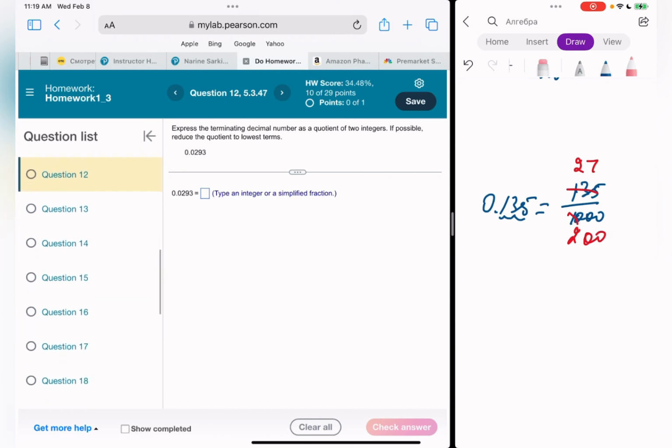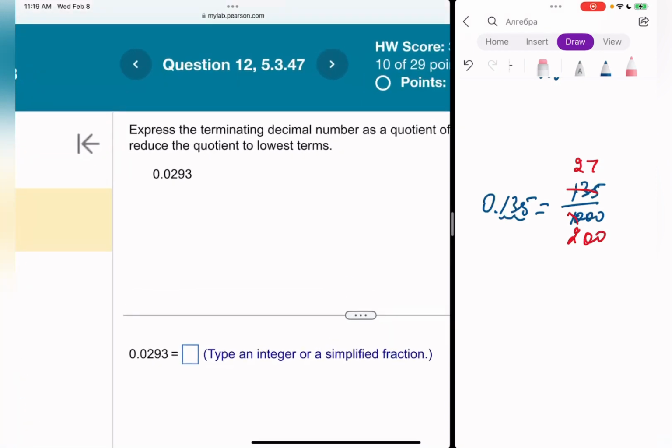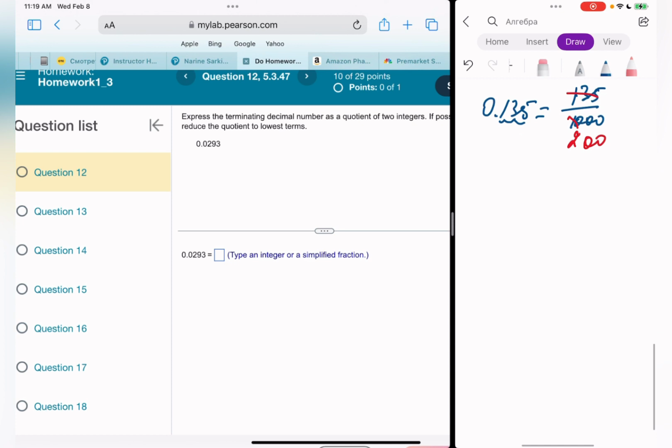Question number 12. 0.0293. So again, 1, 2, 3, 4 positions. That means 1, 2, 3, 4 zeros.